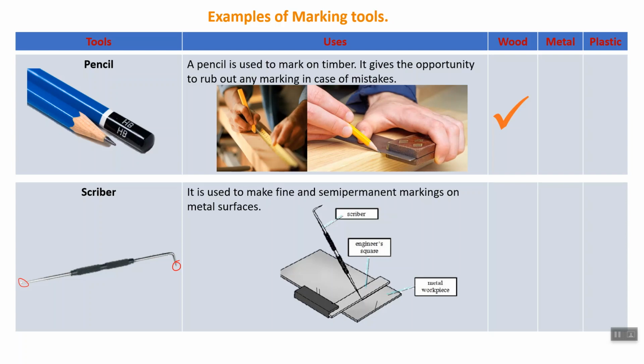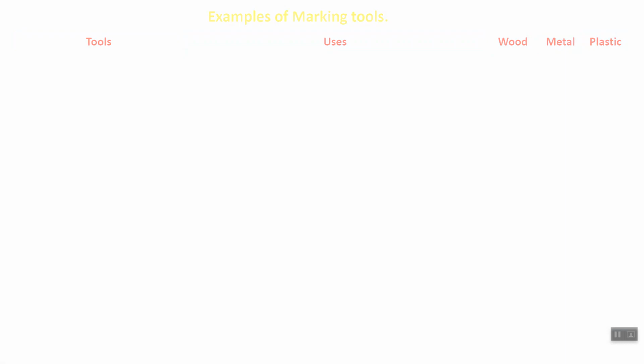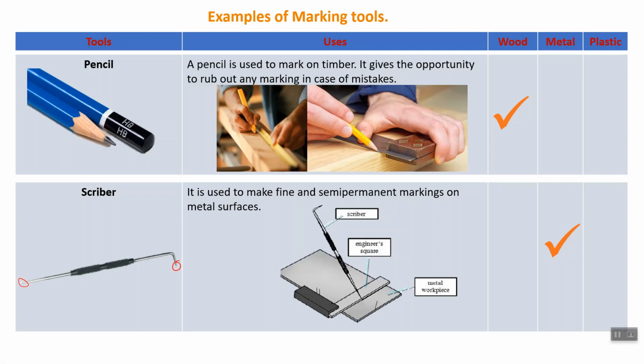For example, when using an engineer square to mark out a line onto metals, we use a scriber to indent the metal. So it is used on metals, and we don't use it onto wood or plastic.